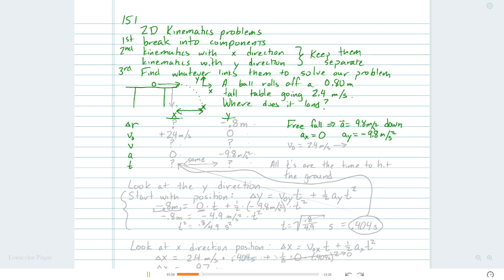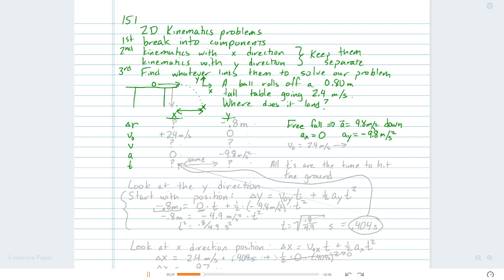Notice that when we talk about free fall acceleration, we sometimes use the symbol little g. Little g is always positive. It's an amount. My acceleration might be positive or it might be negative. That will depend on which way I picked positive to be.